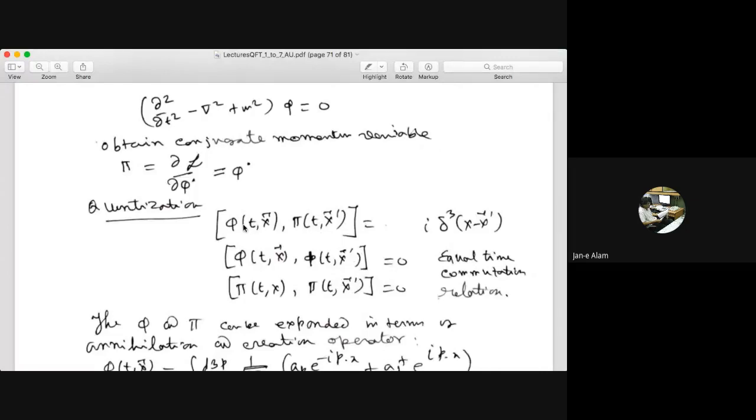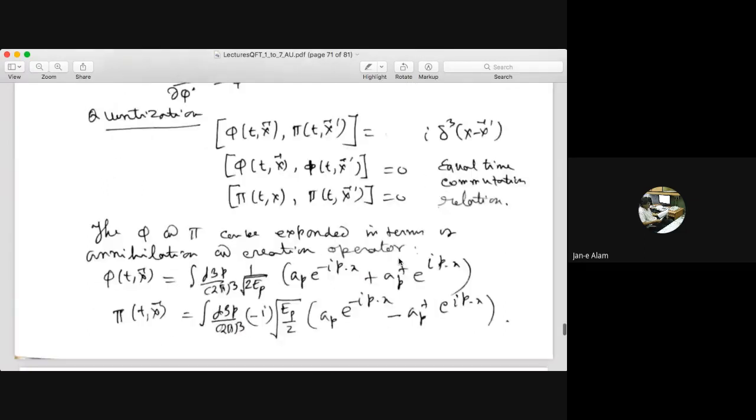And please note that in the two arguments of phi and pi, I have kept the time argument the same and the space argument different, right? This is called the equal time commutation relation. If I take equal time commutation relations, then we have shown that the causality condition, which was a problem in quantum mechanics, was restored.